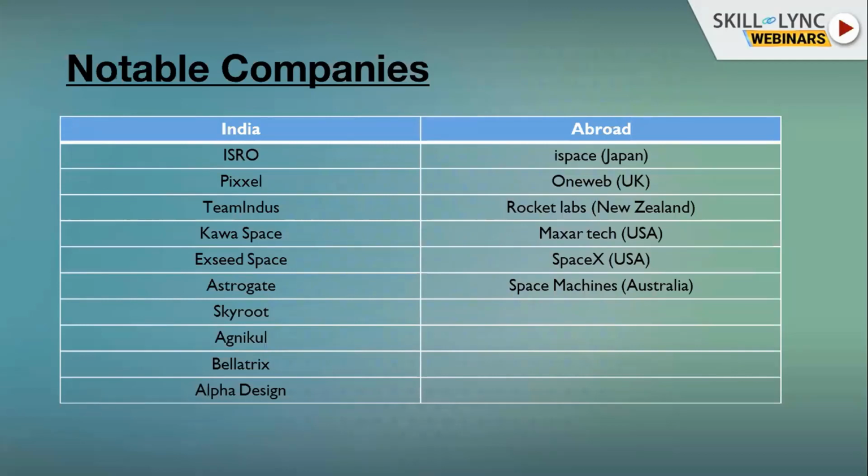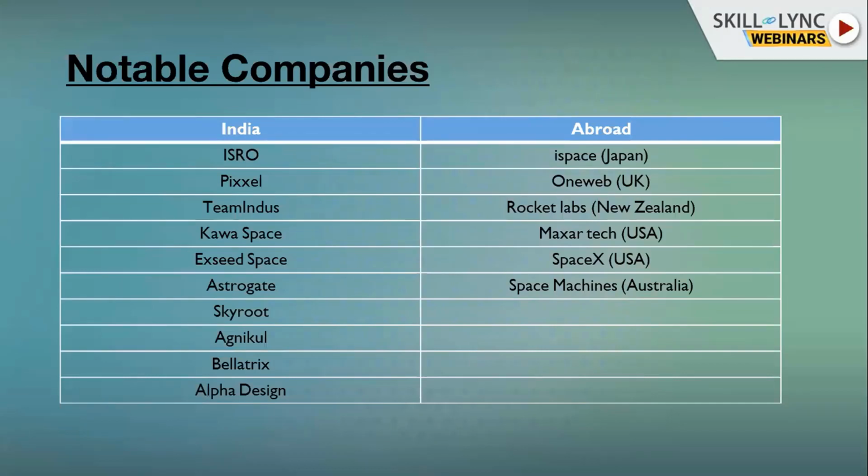They are making small satellite launch vehicles and they have already launched many satellites. Then there is Maxar Tech, which is making Earth observation satellites for imaging and data processing. It's a huge company. If you open your Google Maps, you will see that images are copyrighted by Maxar Technologies.